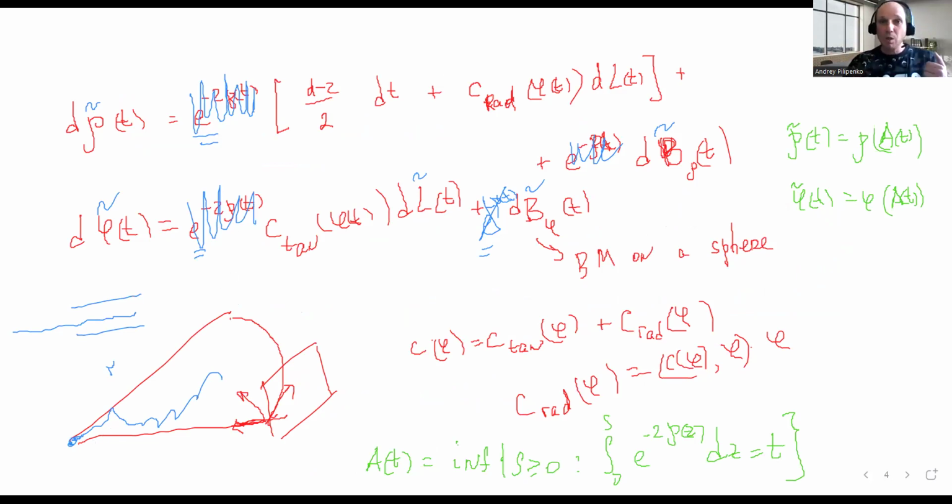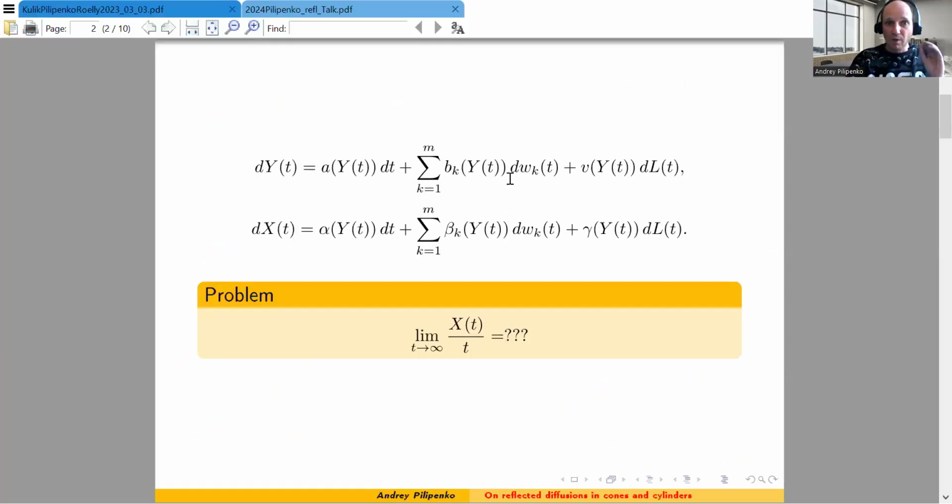And now let's consider a general stochastic differential equation. Assume that we have two processes, x and y.